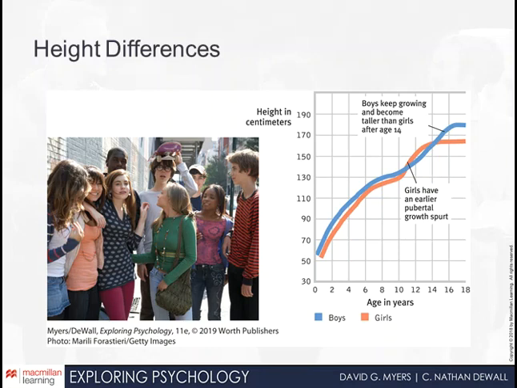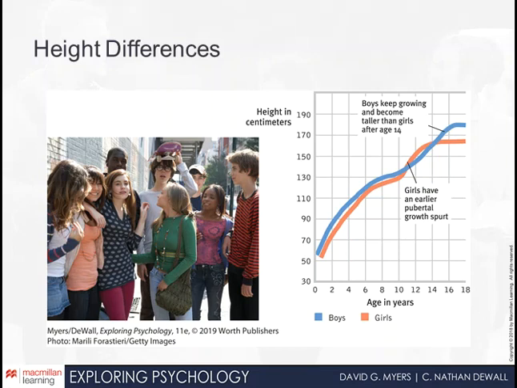According to this particular slide, puberty can start as early as 11 years old or so, which will allow females to be taller at one point than the average male counterpart. Later, boys will begin their puberty spurt, and it will continue on until, on average, they will be taller than their female counterparts.